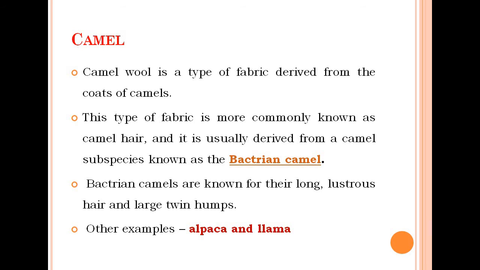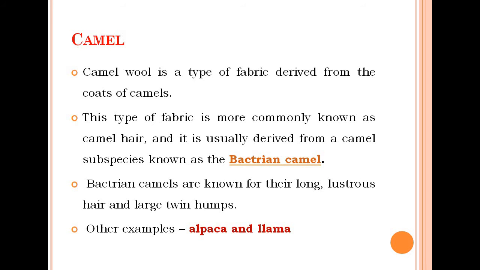What are the characteristics of the wool that we get from the Bactrian camel? The Bactrian camels have wool that is long, lustrous, meaning very shiny, and they have twin humps.